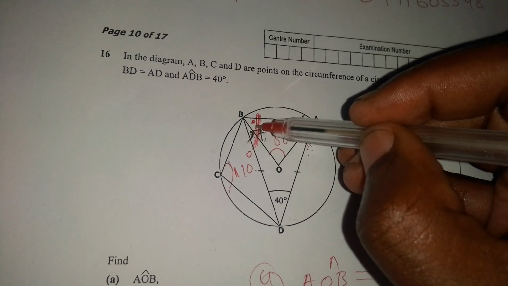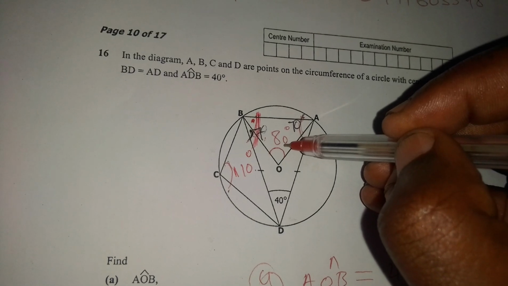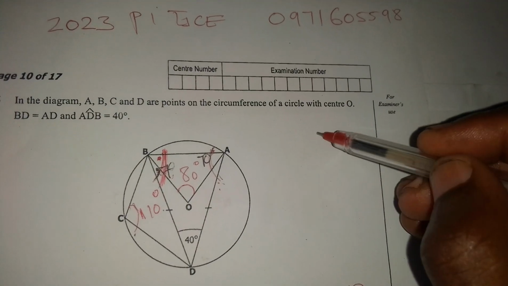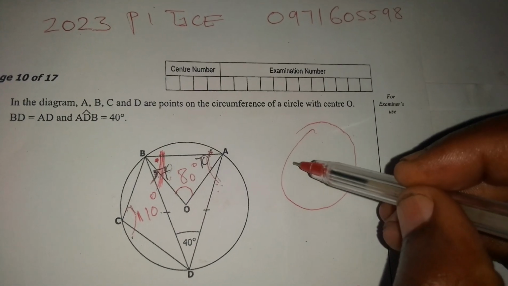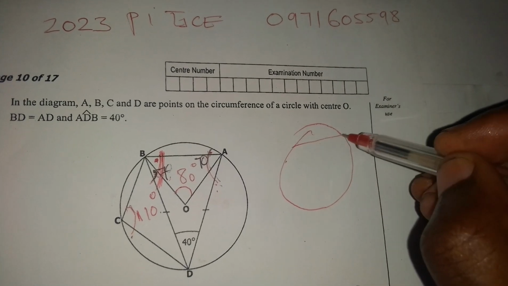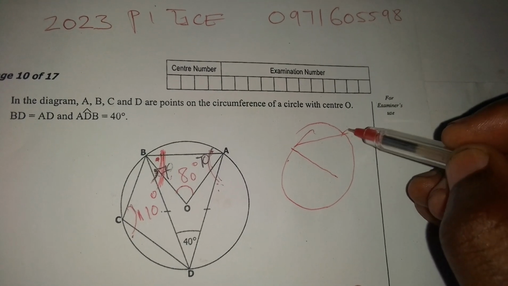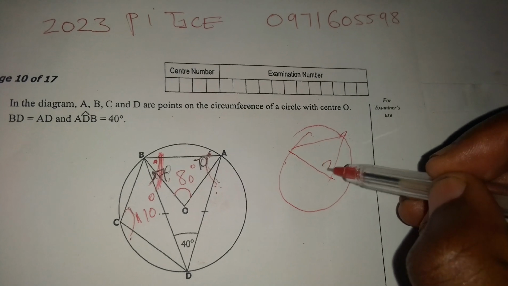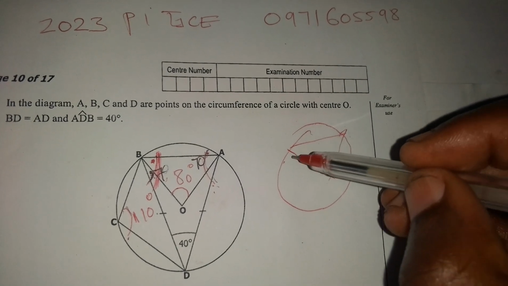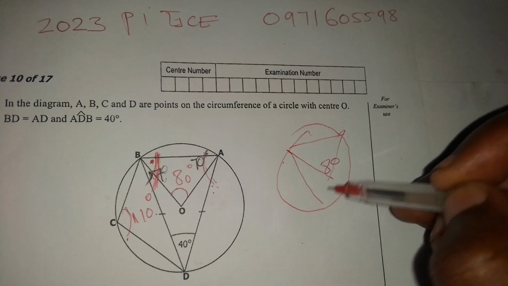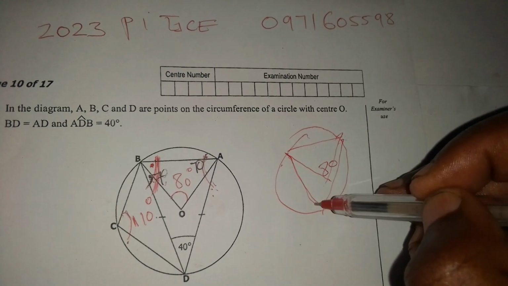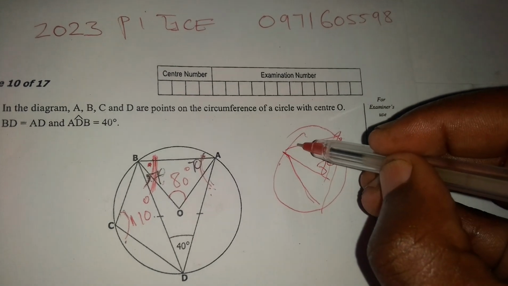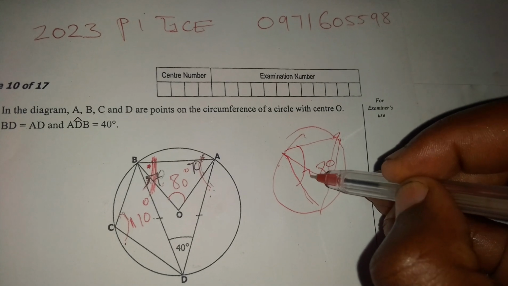To find the angle which is inside, we have to use this 80. You see, we have a circle like this. We have a circle. Just a quick one. Then we have something like this. We have 80 here. Then we have another one outside. Just for demonstration, they are saying the whole of this angle is 70.